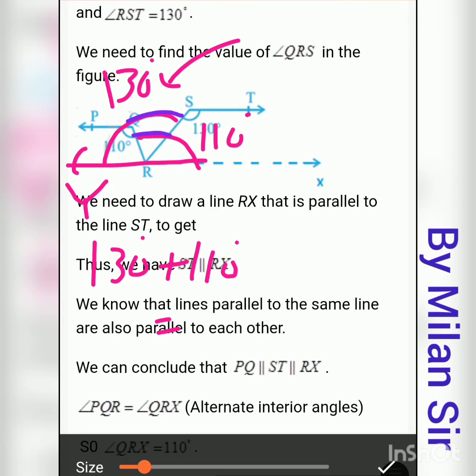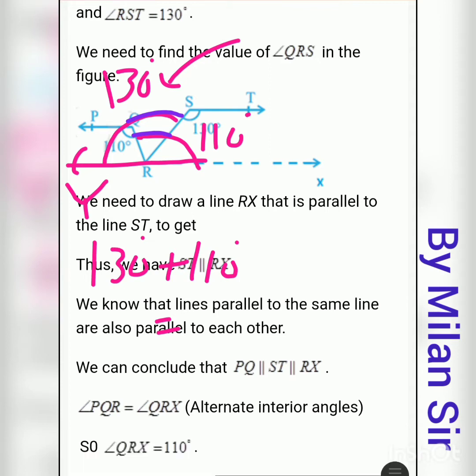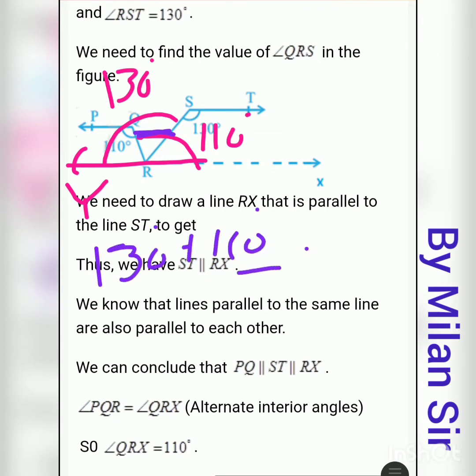So this angle comes 2 times, and one time we need to subtract it. So 130 plus 110 minus QRS becomes the full angle, 180 degrees.